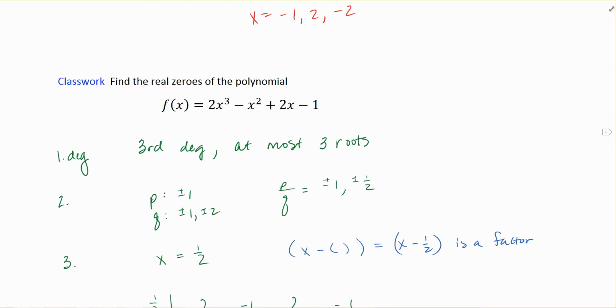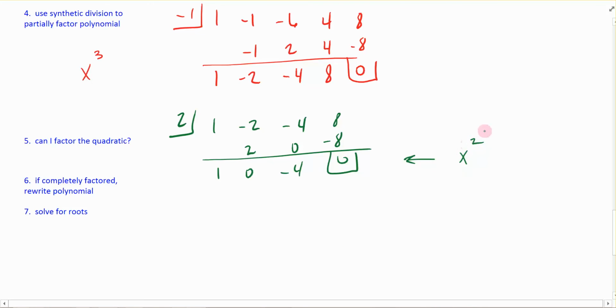Well, let me get back to the notes we were just looking at in just a second. Here it is. We know how to factor second degree polynomials by either trial and error or the quadratic formula. So let's summarize what we have found so far. First of all, we found one of the roots.